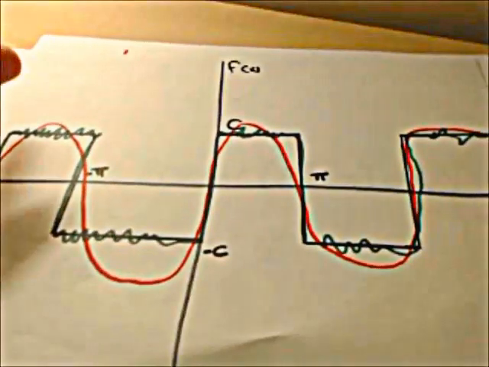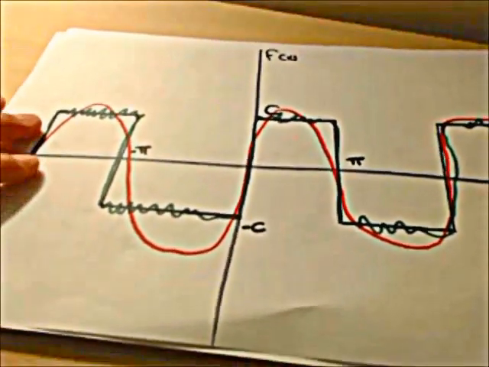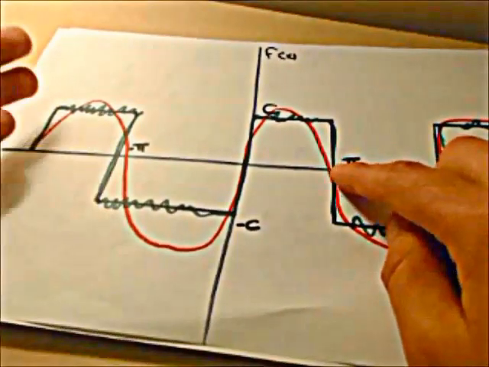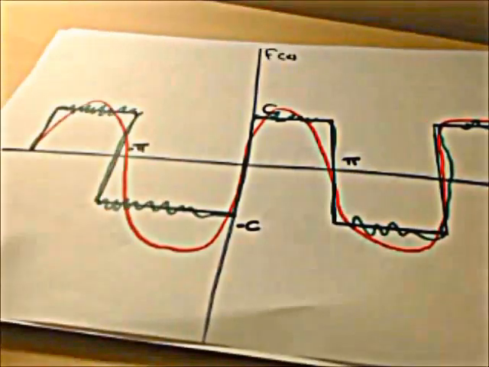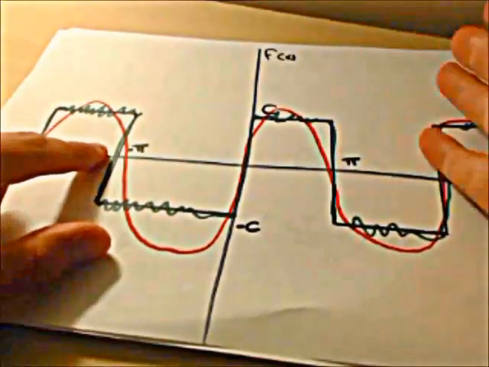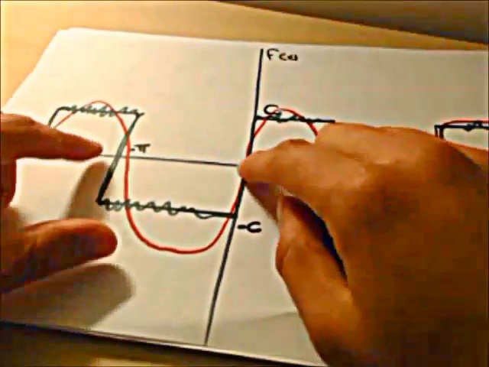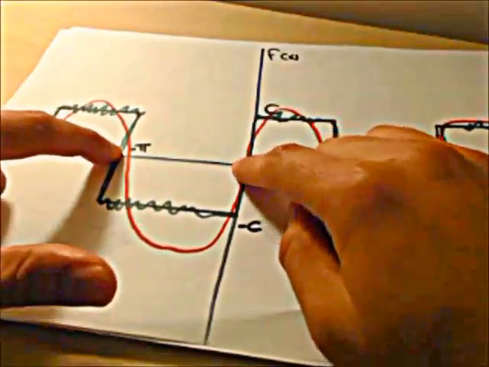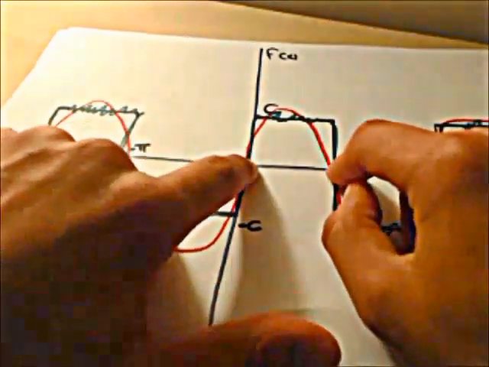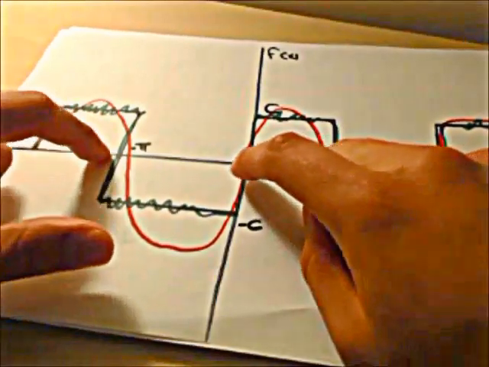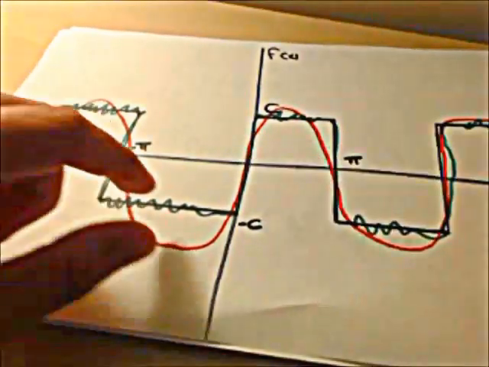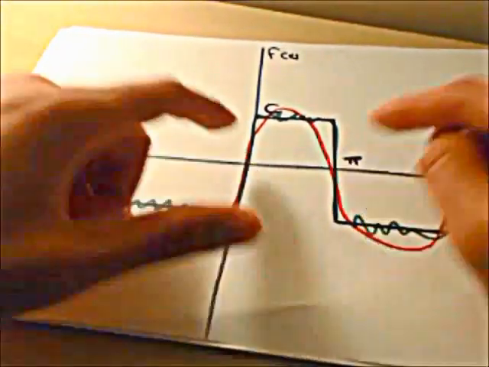But by the way, we can't model the whole thing together because it's not a continuous function, it's a step function. So we have to break it up into two. We model it from here to here, this piece, and then from here to here. That means we model from minus pi to 0, and then 0 to pi.